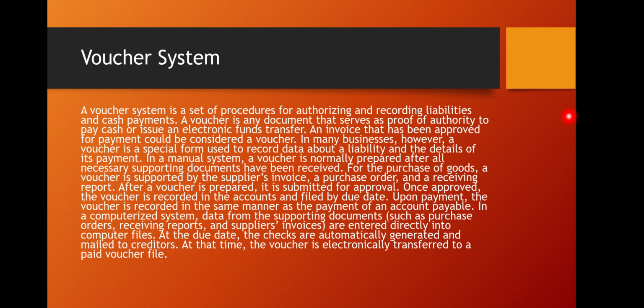Voucher system. A voucher system is a set of procedures for authorizing and recording liabilities. A voucher is a document that serves as proof of authority to pay cash or issue an electronic funds transfer.